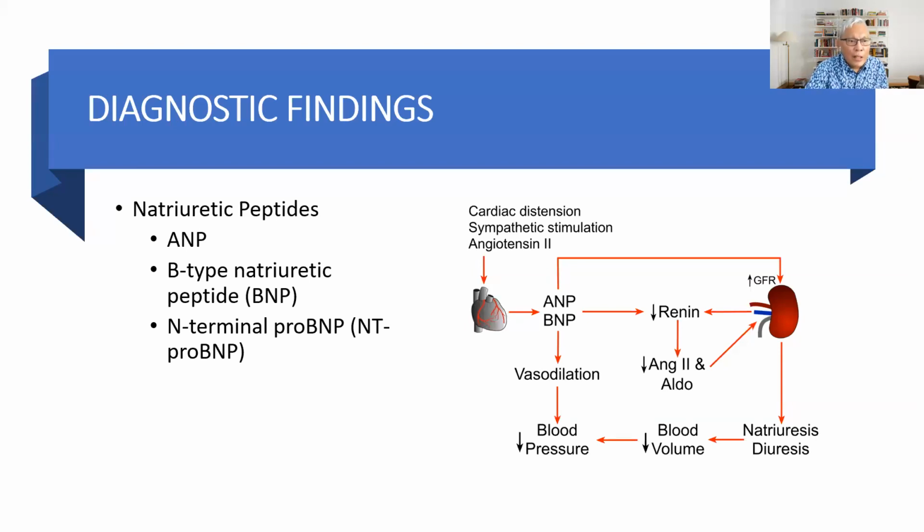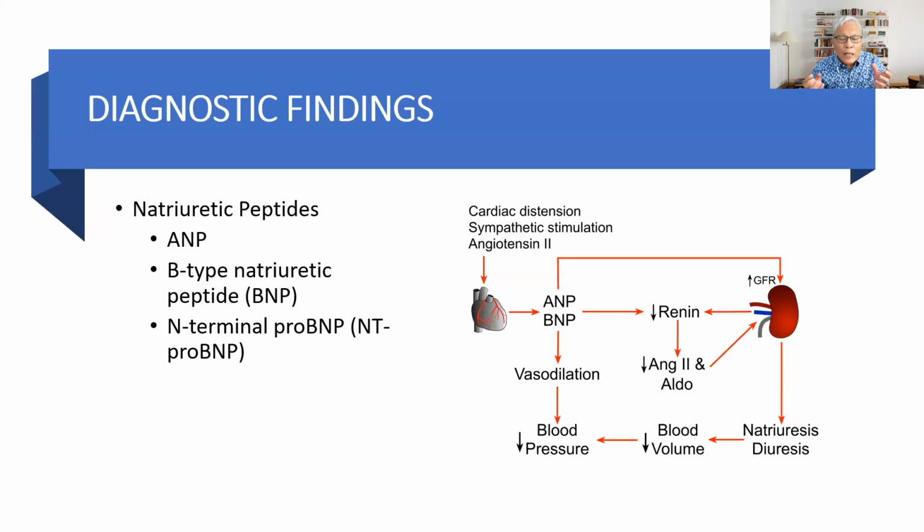Okay, other diagnostic measures are natriuretic peptides. And one of the first natriuretic peptides is atrial natriuretic peptide. What are they? Well, these are hormones that originate in the heart, and they actually are released whenever there's a lot of distension of the heart.